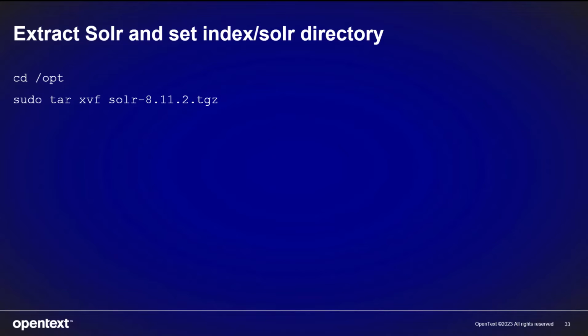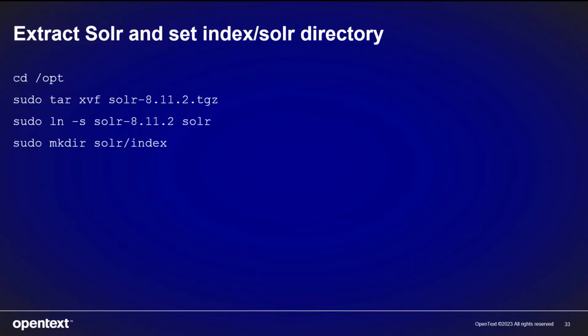Then we will unzip the tar.gz file, and that is the tar xvf command. Additionally, we will then go ahead and link Solr-8.11.2 to the Solr under opt. I did this because it makes it easier to administer Solr if you need to do upgrades or that kind of thing.